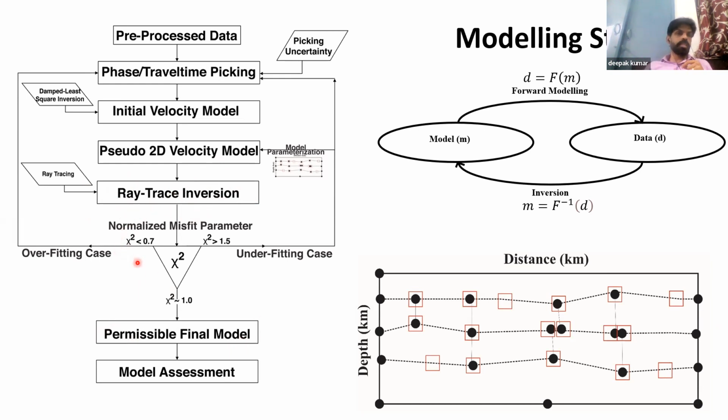Keeping in mind that I give uncertainty for phase picking, I'll have to give uncertainty for the model also. Suppose this is the model I have made. I'll give the depth uncertainty of suppose 500 meters or 1 kilometer plus minus, so it could be in this particular zone itself.